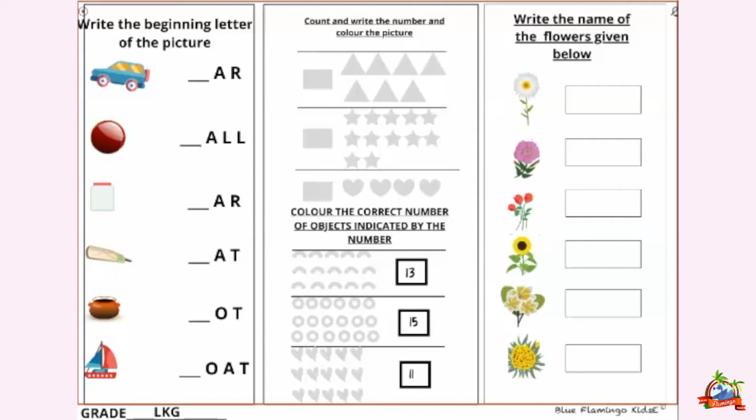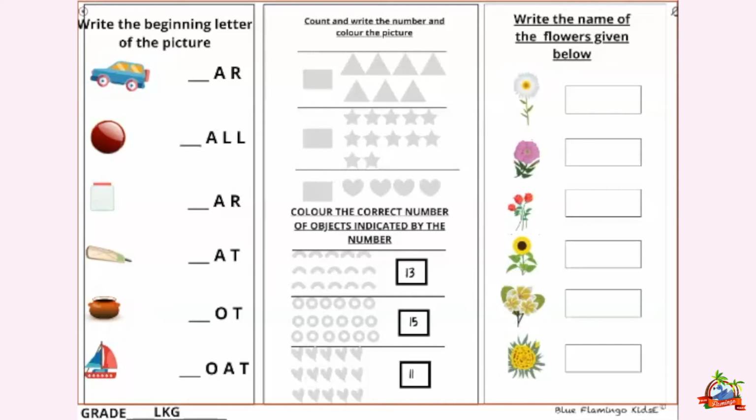M for man. N for nose. O for owl. P for penguin.